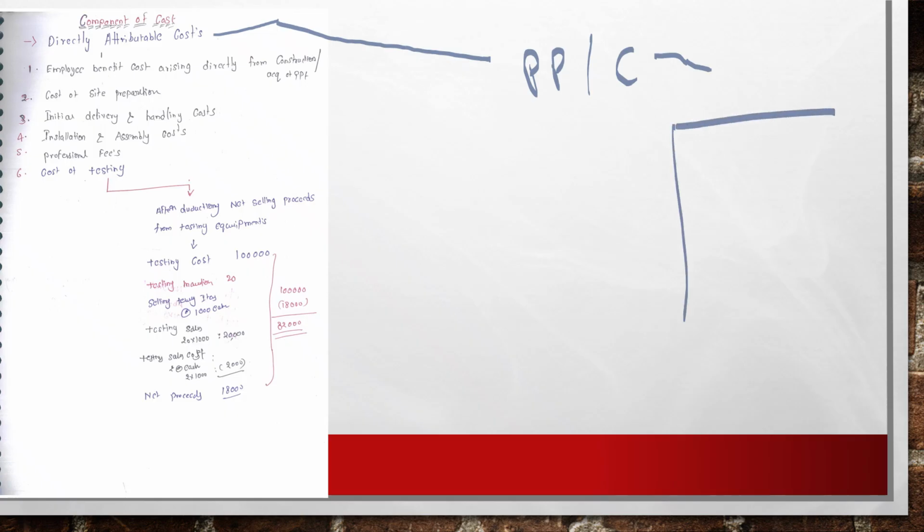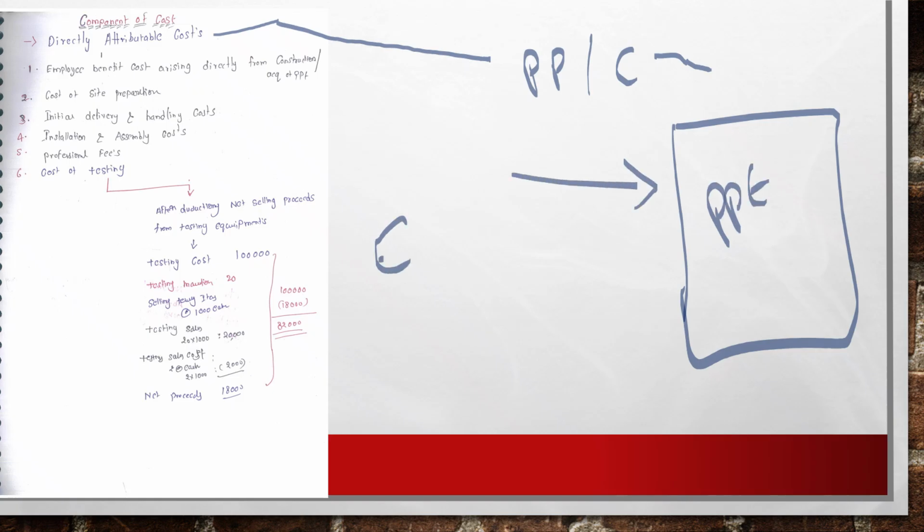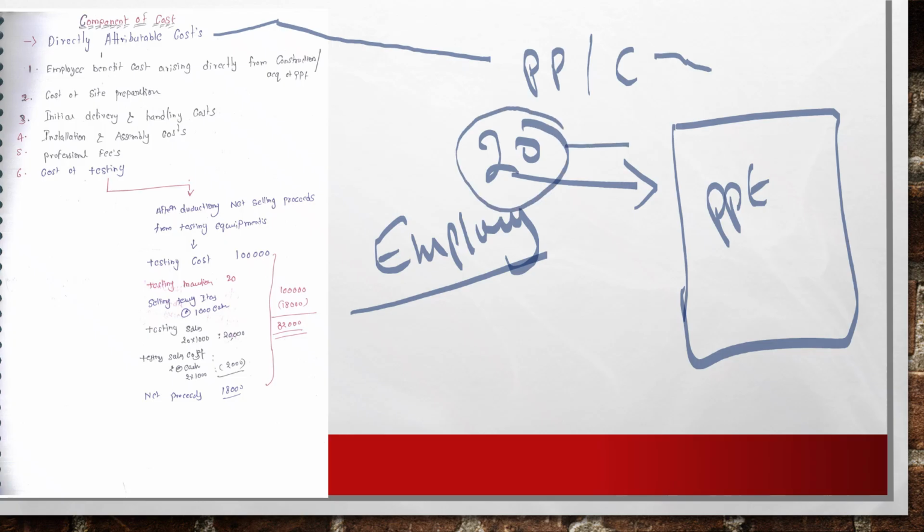To construct this kind of PPE, a few employees will directly work for it. Their cost, say they work for 20 days here, that 20 days cost or other benefits to them will be added to the cost of the PPE as per the standard.